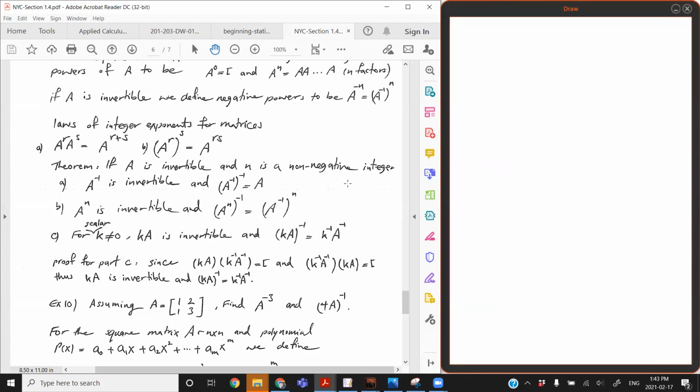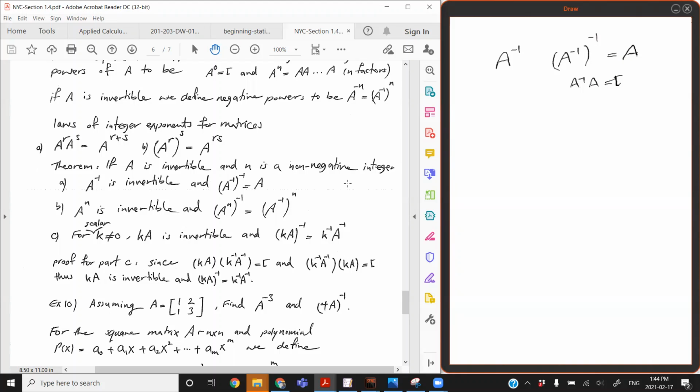According to this theorem, A inverse itself is invertible, and the inverse of A inverse is simply A. This does not need to be proved at all, because it's obvious that if I multiply A inverse and A, I get I. So that means that the inverse of an inverse is the original matrix.